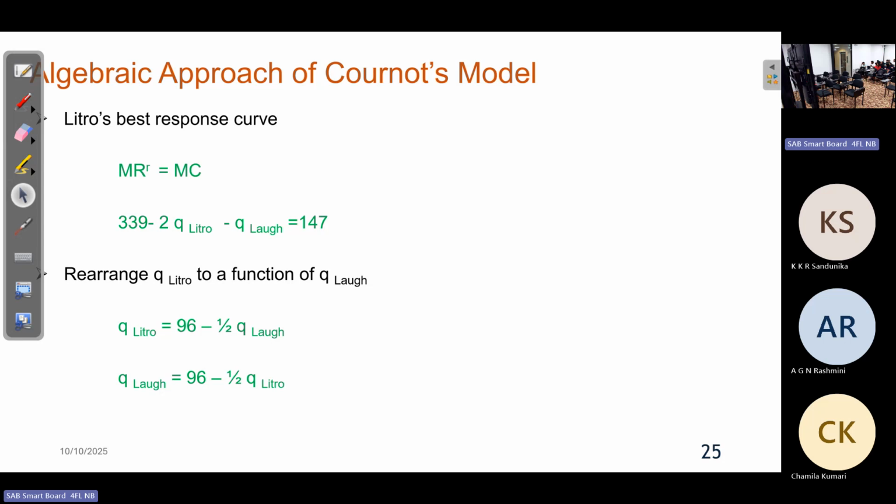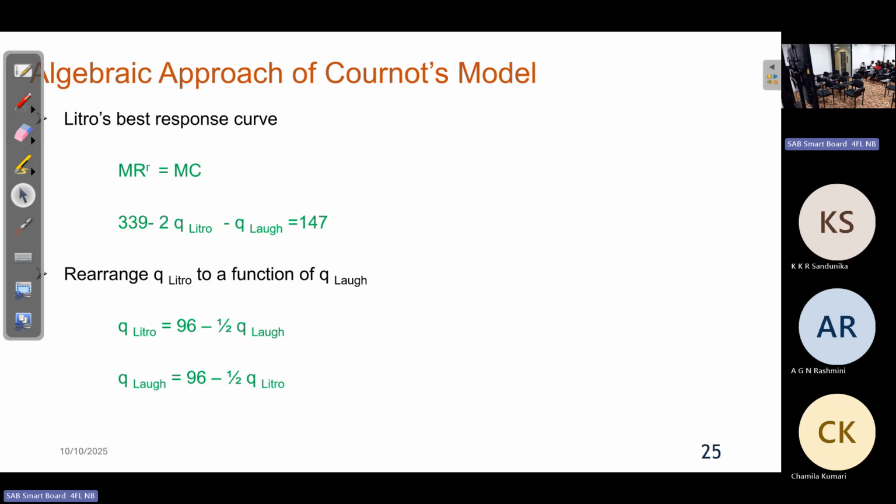This is MR2. MR2 should be equal to marginal cost. 339 minus Q1 minus 2Q2 should be equal to 147. Then we need to write it in terms of Q2. So if we simplify, 339 minus 147 minus Q1 should be equal to 2Q2.